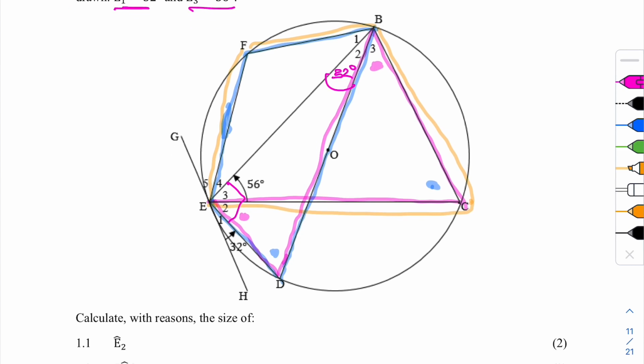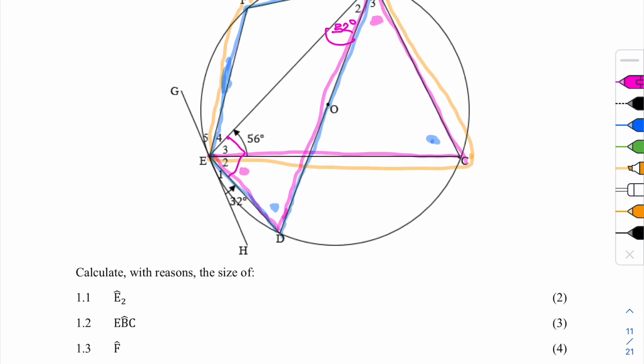So question number 1, they want us to get the value of angle E2. So angle E2 is this one. We know that angle E2 plus angle E3 is equal to 90 degrees, being angle in semicircle.